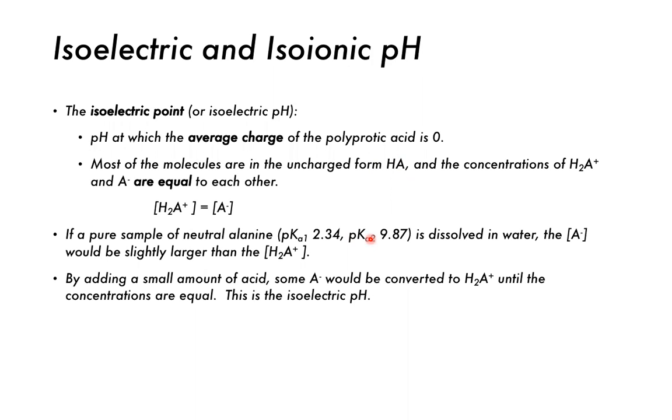So we have to add acid in order to increase the concentration of H2A plus. More protons means that more of them will be taken up by the A- or the HA, which will end up forming more H2A plus. Eventually we'll get to a point where we have equal concentrations of both. And this will be the isoelectric pH.